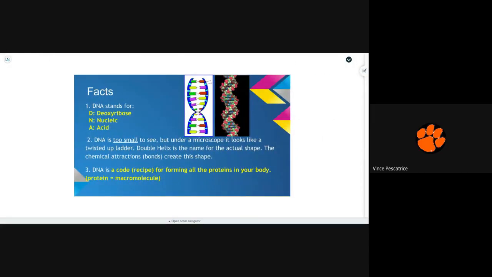It stands for deoxyribonucleic acid. Those things should pop up in color.